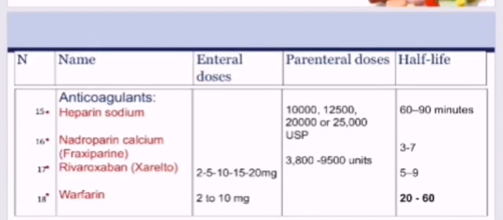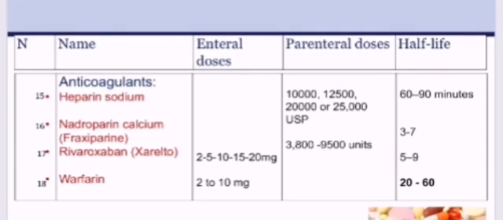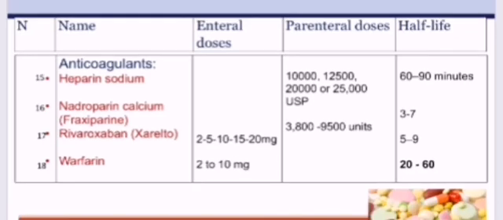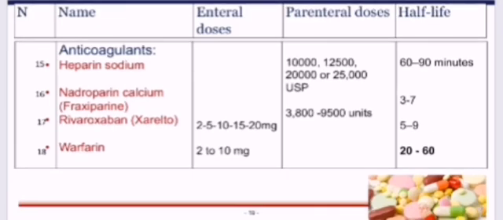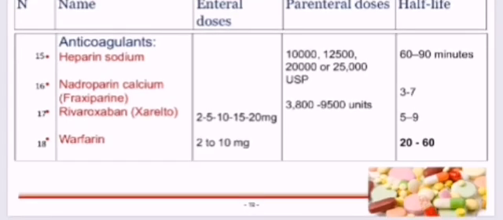Anticoagulant. Heparin sodium parenteral dose 10,000, 12,500, 20,000 or 25,000 USP. Half-life 60 to 90 minutes. Nadroparin calcium, parenteral dose 3,800, 9,500 units.